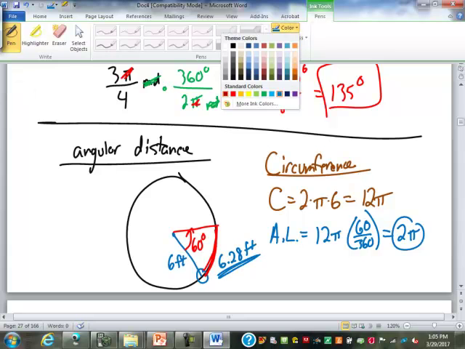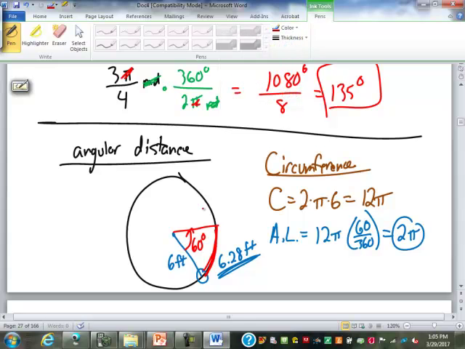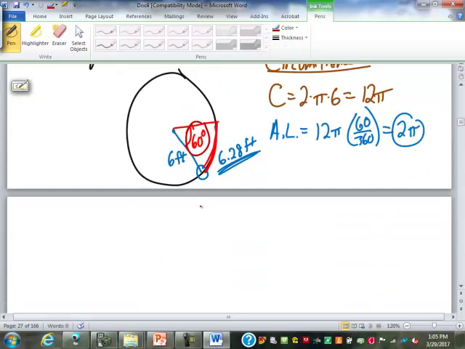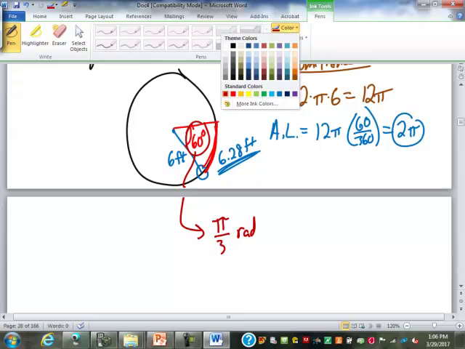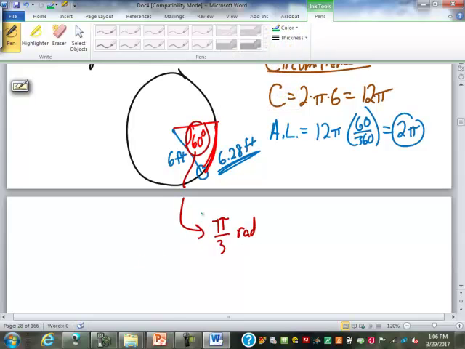However, if instead of using 60 degrees, if we had used pi over 3 radians, we could have found the arc length when we're dealing with radian measure simply as the radius times the angle.